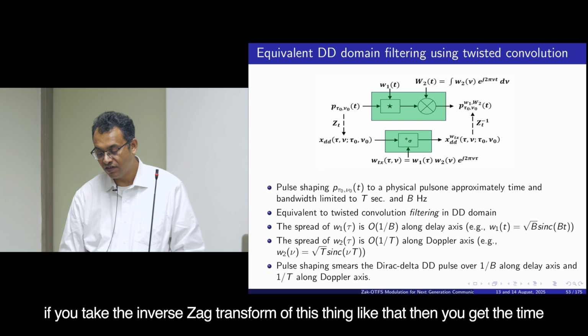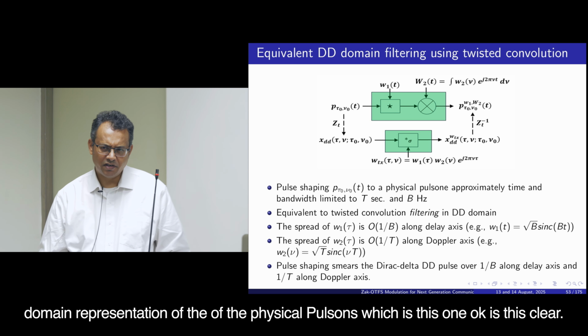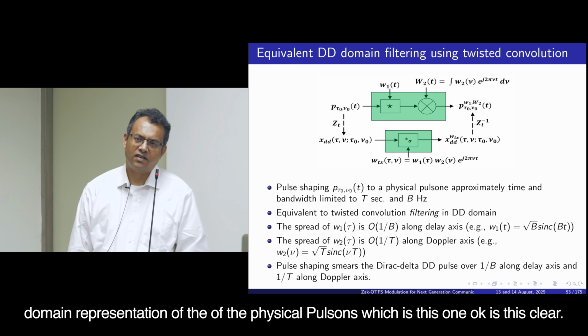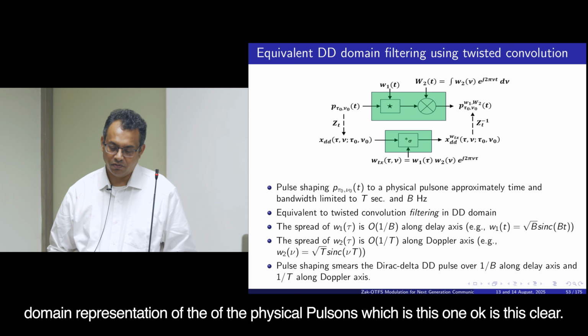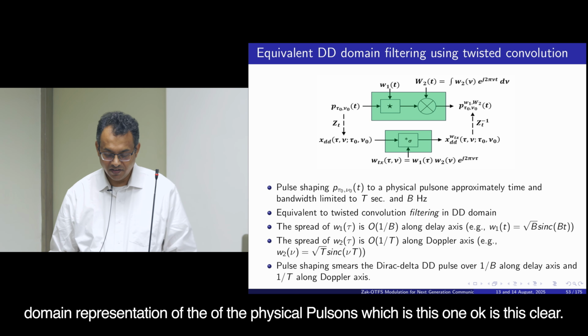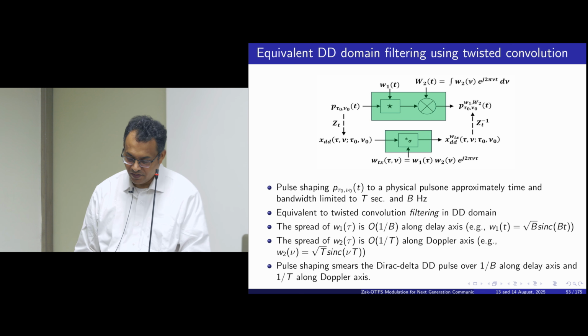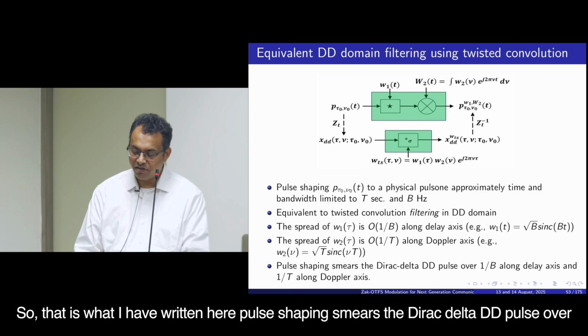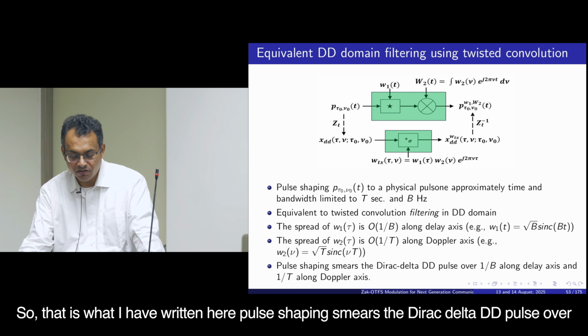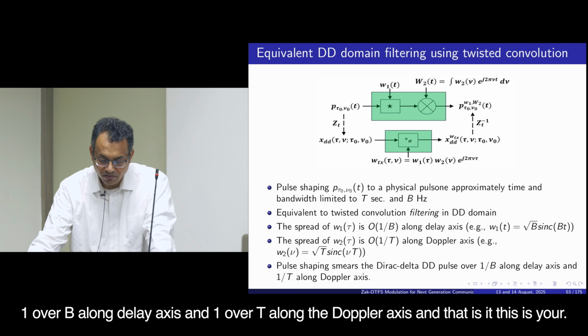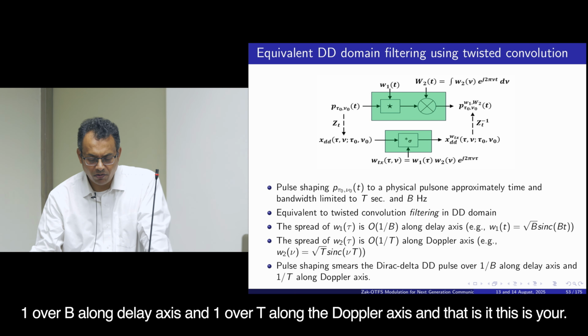So, if you take the inverse Zak transform of this thing, then you get the time domain representation of the physical pulse-on, which is this one. Okay. Is this clear? So, that is what I have written here. Pulse shaping smears the Dirac delta DD pulse over 1 over B along the delay axis and 1 over T along the Doppler axis. Okay.